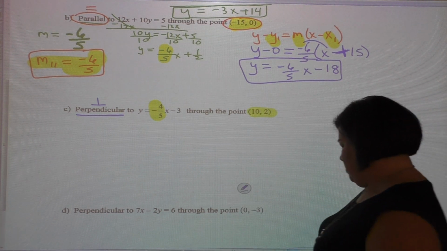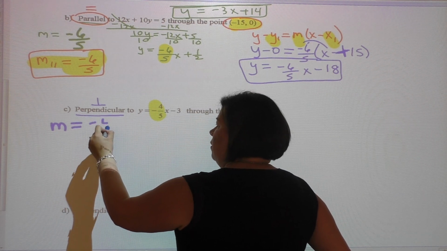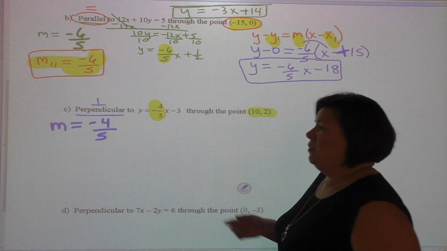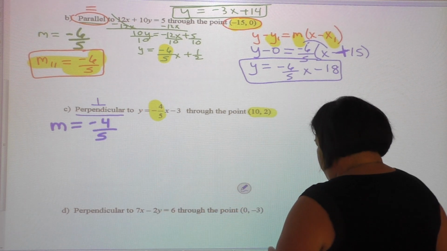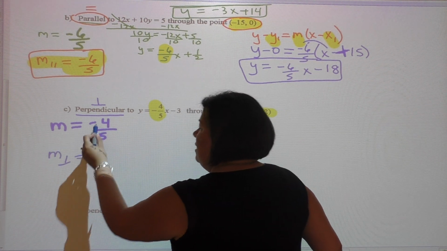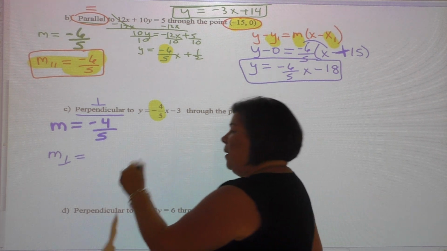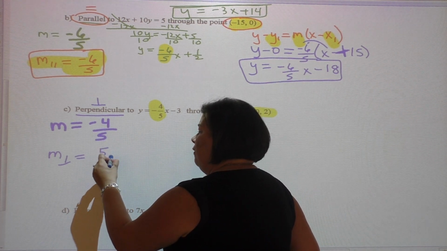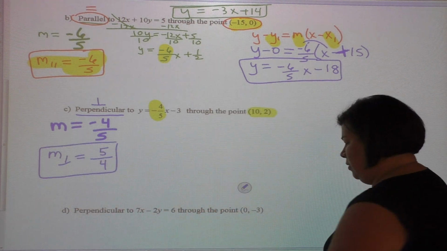So I think it's always a great idea to write down the original slope they gave you, but then since we want to find an equation perpendicular to this line, the slope perpendicular to -4/5, you got to take the opposite reciprocal, is +5/4.